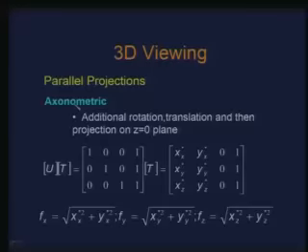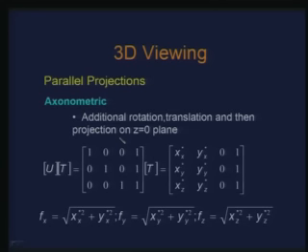Isometric. So, in fact, there is a class of projections which we call axonometric, where what is done is that you have an additional rotation or translation or both, and then you perform the projection on the z equal to 0 plane.